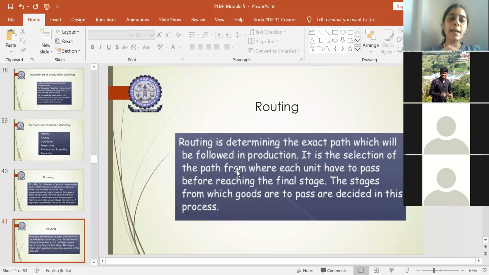They provide an entire route right from the design of a part to the manufacturing. So it has to be followed systematically. That is called routing. It is a selection of the path each unit has to pass before reaching the final stage. If they follow this particular route in production, then they can achieve the expected production on time.